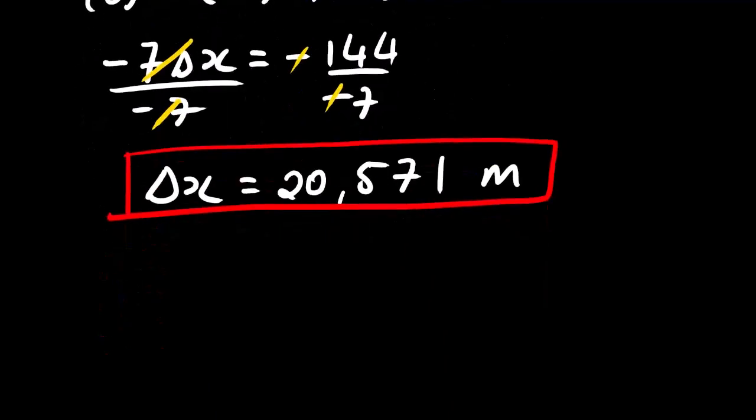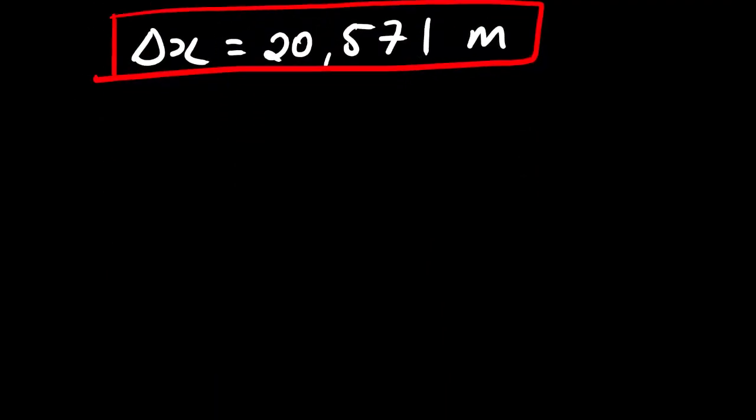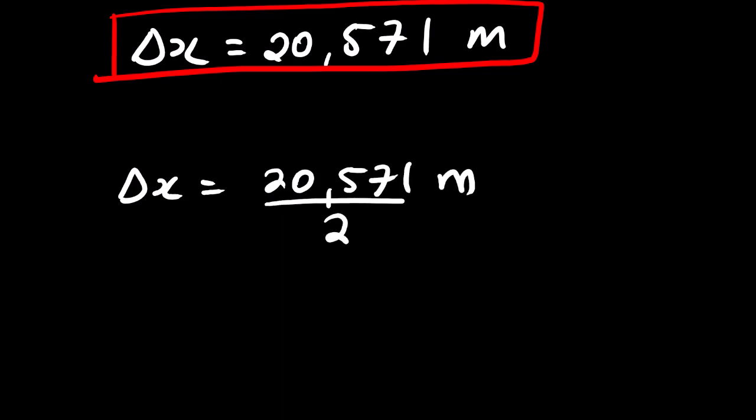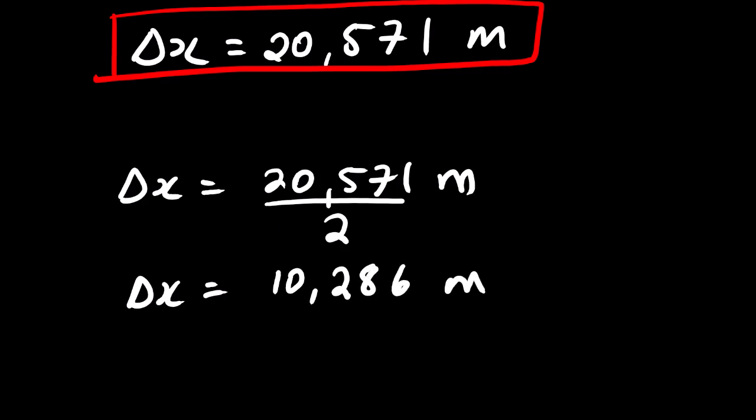So we need to calculate. In order to answer the second question, we start by dividing this distance by 2 to find half of it. Half of this is 10.286 meters.